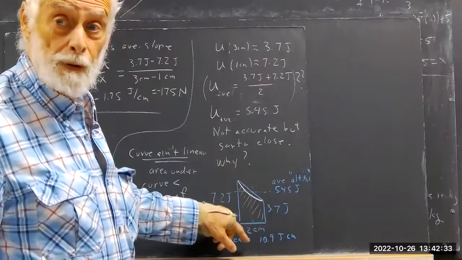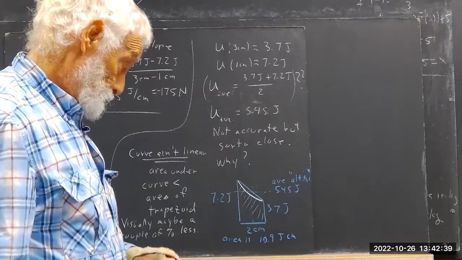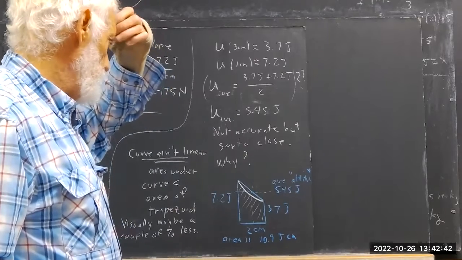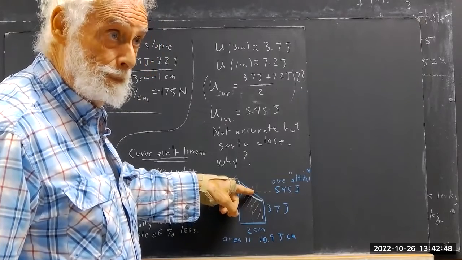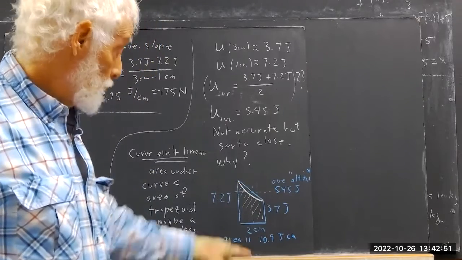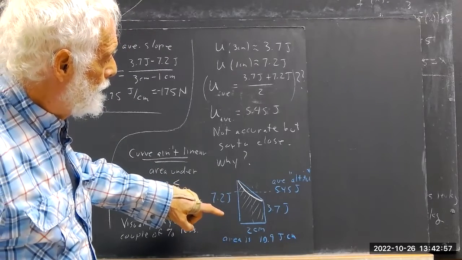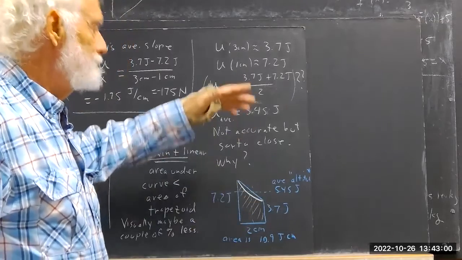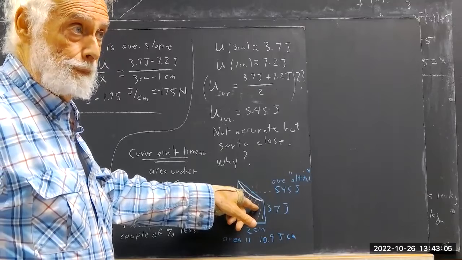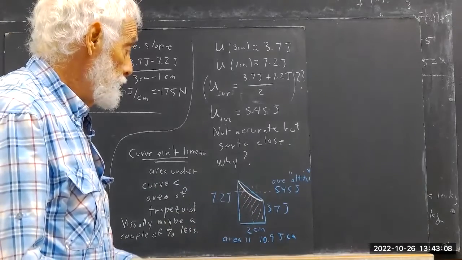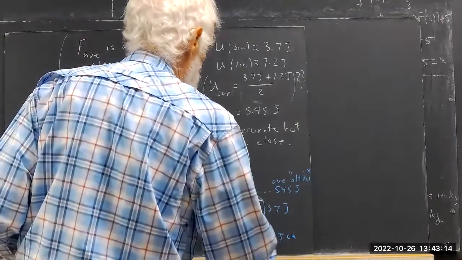Now, the area under the trapezoid is equal to its average value multiplied by the width. Because of the curve, the average value of U is going to be a little less. And the average value turns out to be the area under the curve, again, divided by the width.